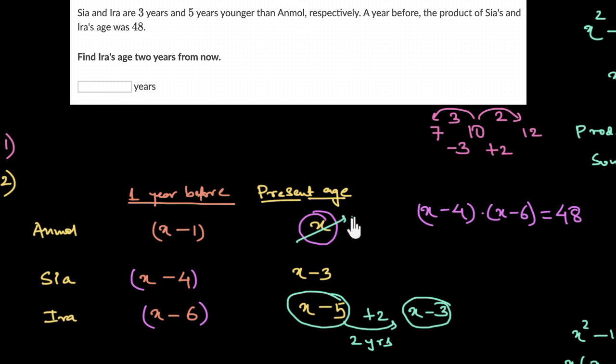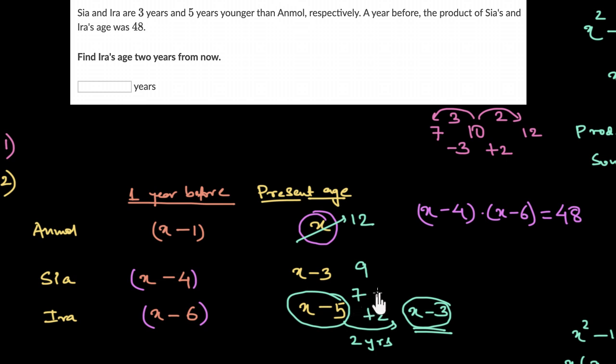age of Anmol is 12 years, and we are looking for Ira's age 2 years from now, which we saw as x minus 3. So if Anmol's present age is 12 years, this means Sia's present age would be 12 minus 3, 9 years, and Ira's present age would be 12 minus 5, that is 7 years.